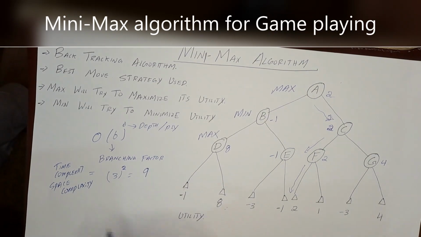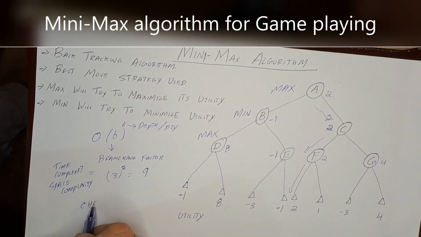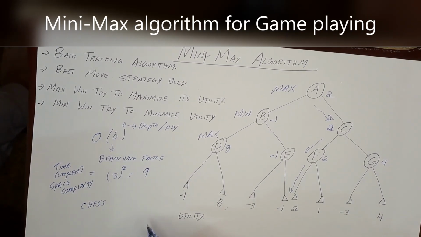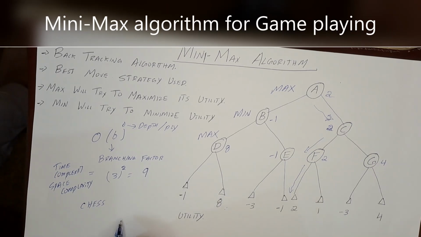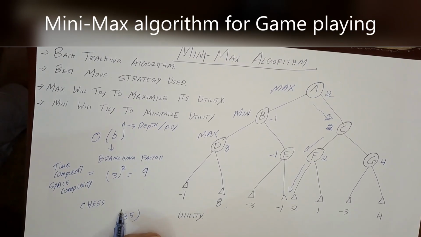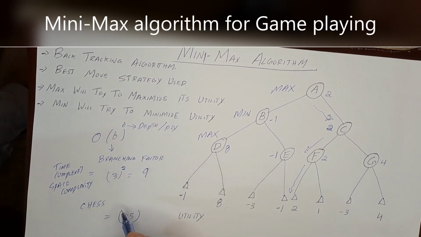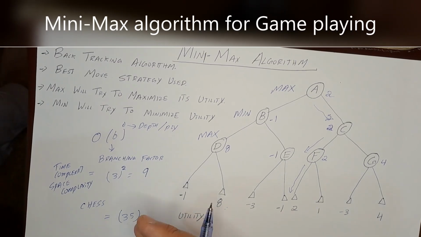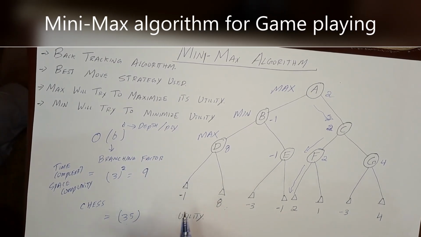But in case of games like chess, on average at each level a player has 35 different choices. That means the breadth or branching factor is 35, and on average, playing chess takes 50 turns.